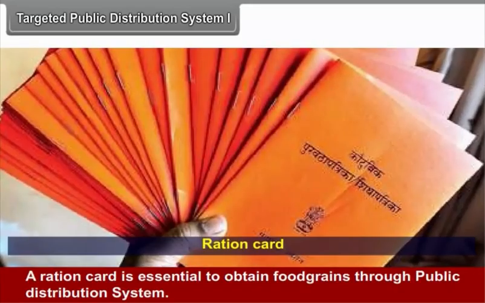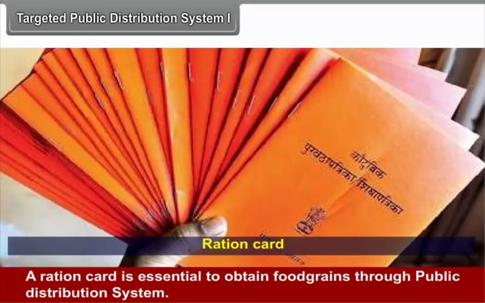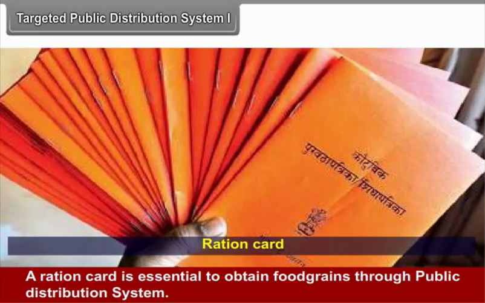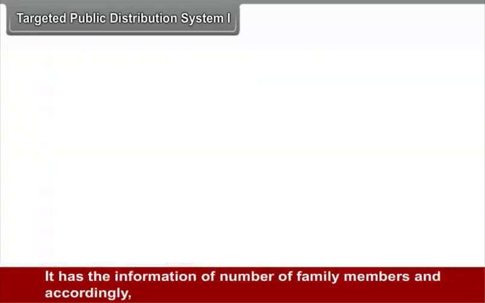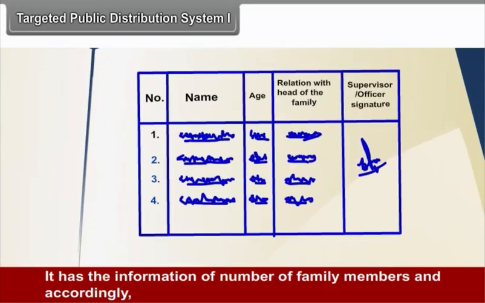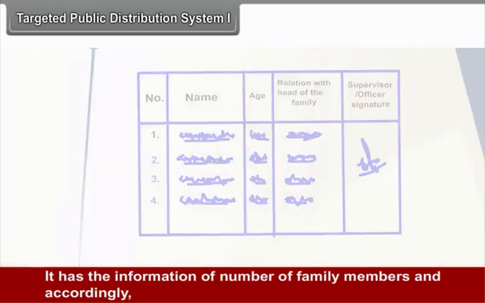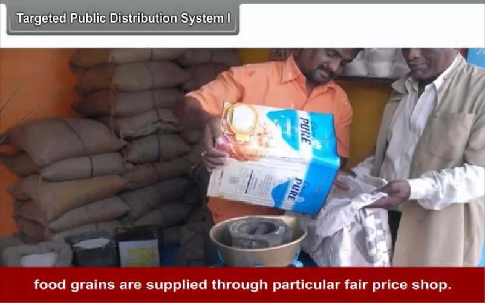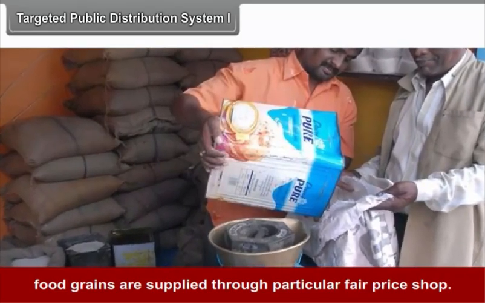A ration card is essential to obtain food grains through public distribution system. It has the information of number of family members, and accordingly food grains are supplied through particular fair price shop.